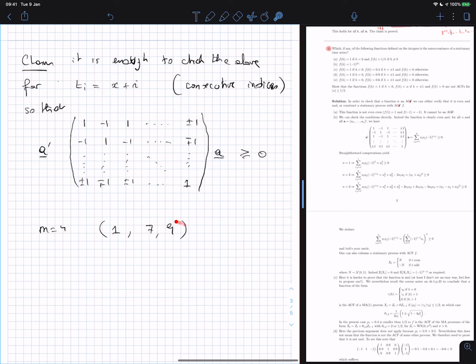This sequence I can consider to be a subsequence of 1, 2, 3, 4, 5, 6, 7, 8, 9. But in my vectors here, I take only zeros corresponding to 2, 3, 6, and then 0 for 8, and the same thing here. So if I'm able to show that this is positive for any A, then in particular it will also be positive for any combination which only takes non-consecutive indices. You see that?